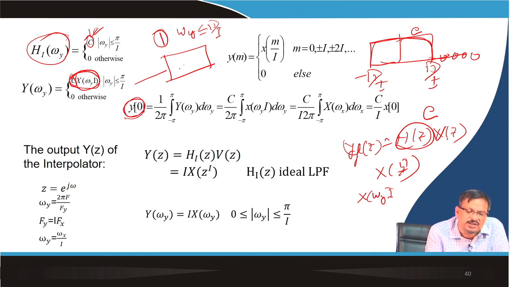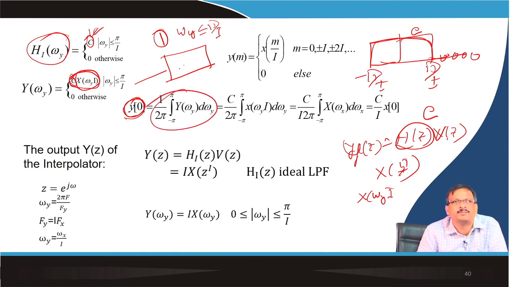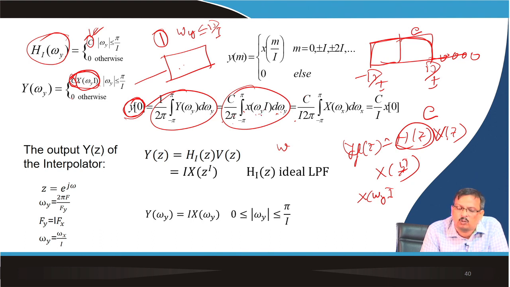So I can say DC power y of 0 is nothing but 1 by 2 pi, summing all the spectra. So it is nothing but C by 2 pi times X of omega y into I, elsewhere 0, into d omega y. So I can say that C by I, because you know d omega y, so it is X of omega y into I.